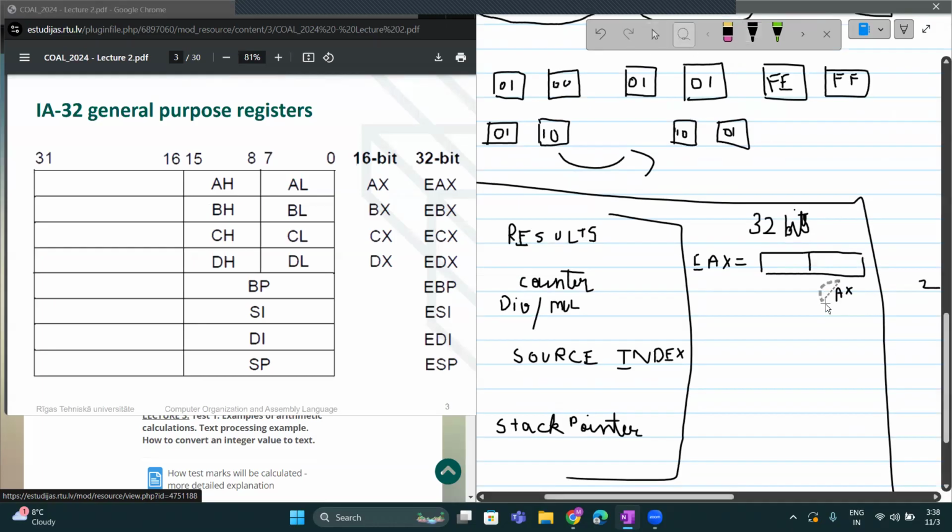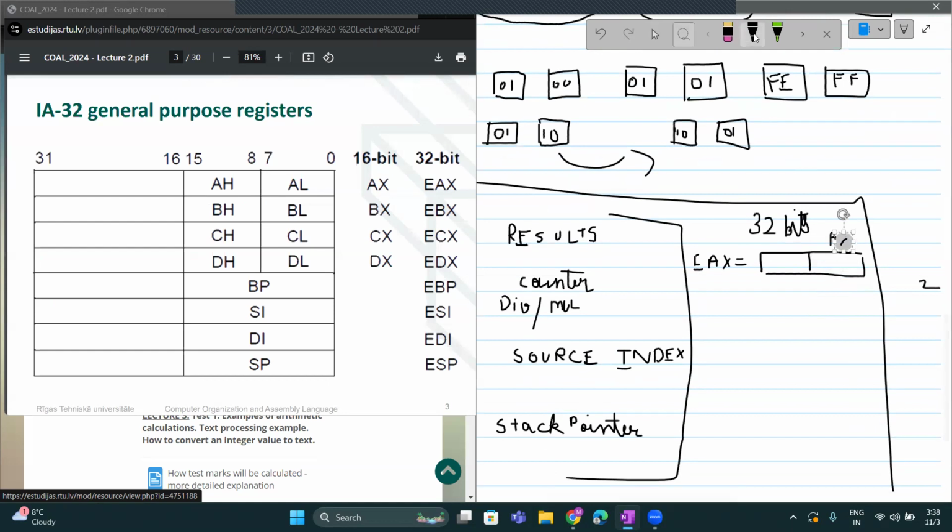Let's move it here. And AX is also divided into smaller parts. So this is AL and this is AH.